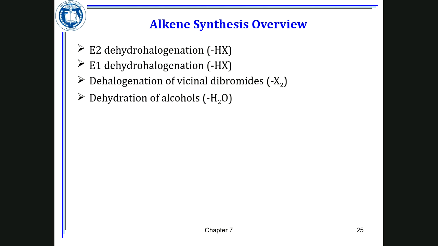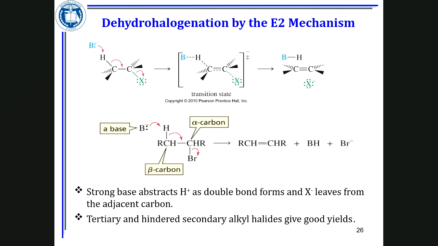Today we're just looking at the preparation, because we talked about everything else yesterday. So we talk about preparation today for the E2 mechanism, the dehydrohalogenations. We learned about these reactions in chapter 6, and we are going to continue here as a review and also emphasize this structure.